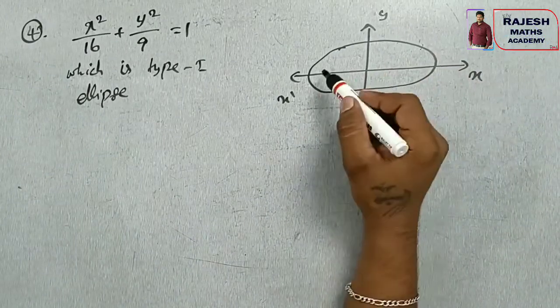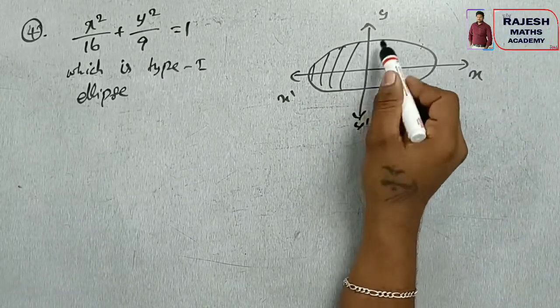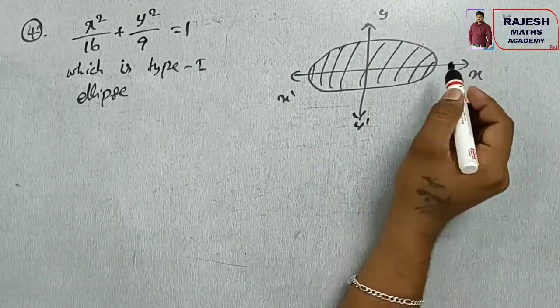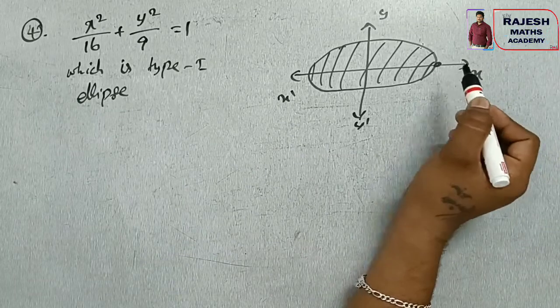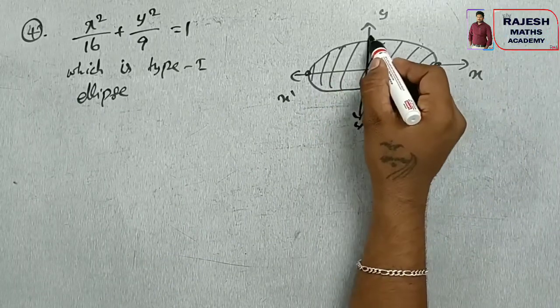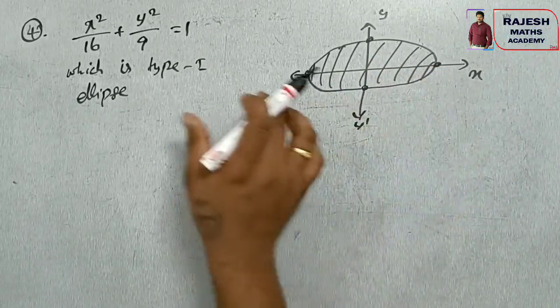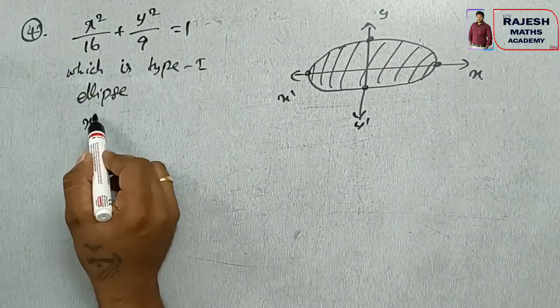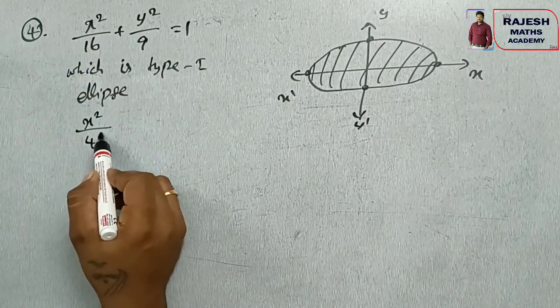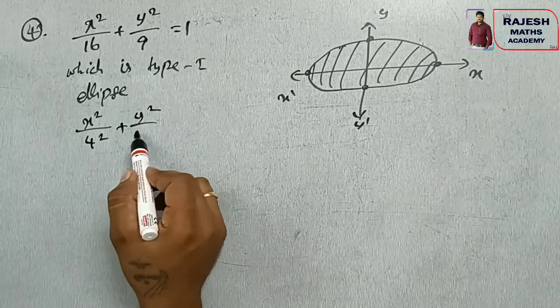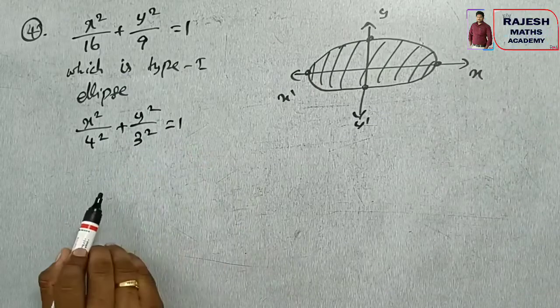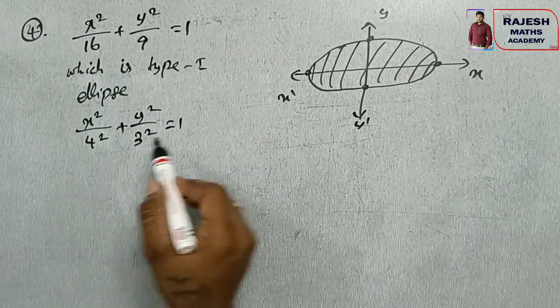Okay, so the total area I need to calculate. I don't know the corner points, this vertex I don't know, but I can identify from here. So how to write the ellipse equation? X square by 4 square plus y square by 3 square equal to 1. So what is the value of a here?